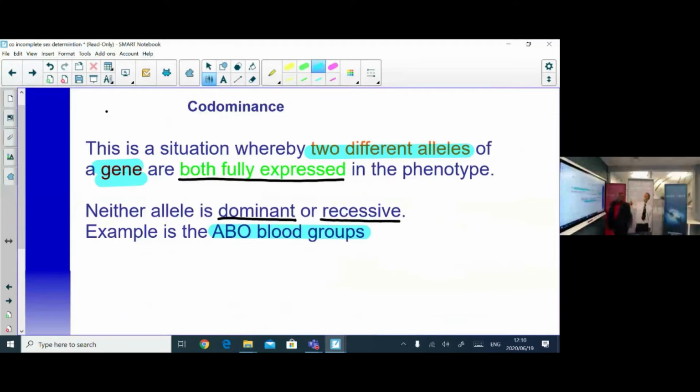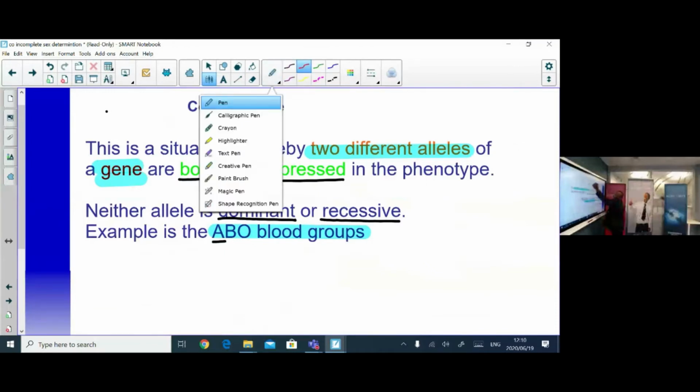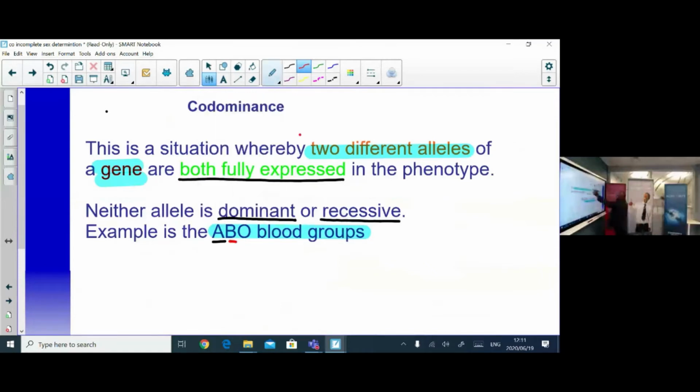Our blood can be group A, blood group B, or blood group O. They show a codominance characteristic.